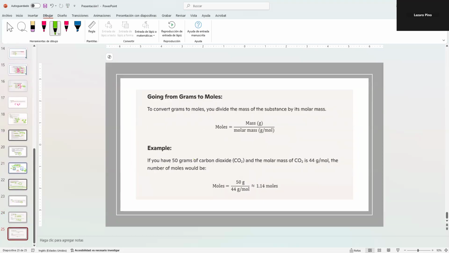In the opposite way, if you have the mass and you know the molar mass of the compound, you can get the number of moles. For example, you have 50 grams of carbon dioxide, and you know that the molar mass of carbon dioxide is 44 grams per mole, then you divide and you get the number of moles that you have in this mass of carbon dioxide.